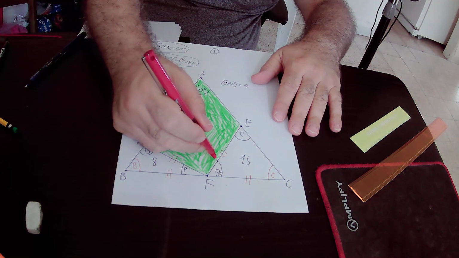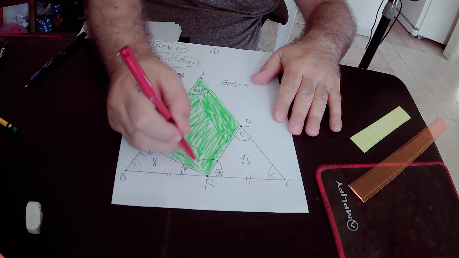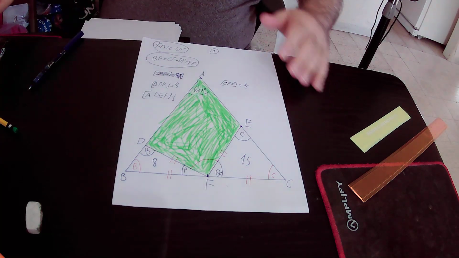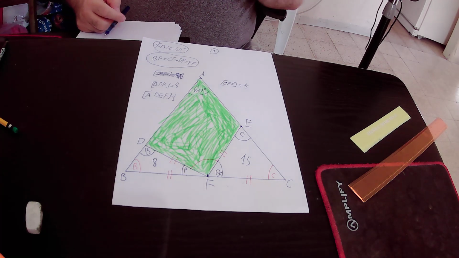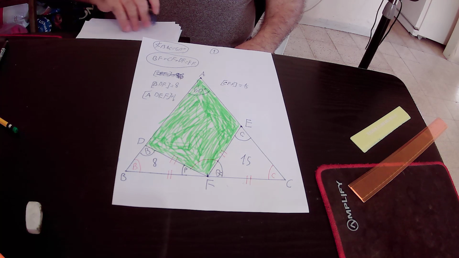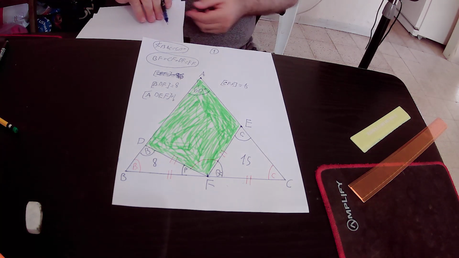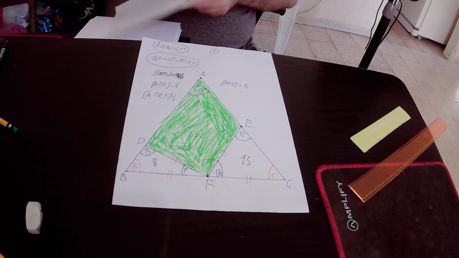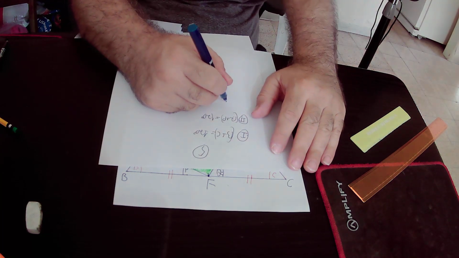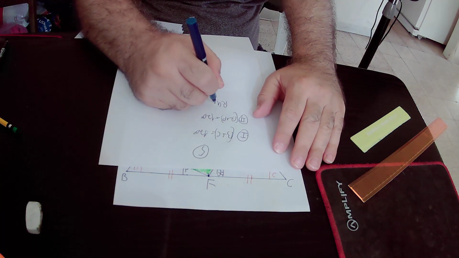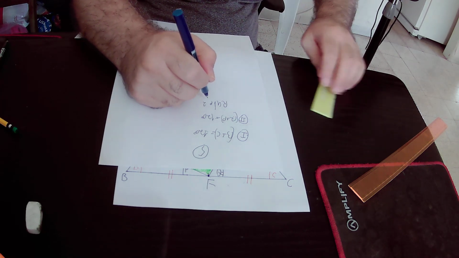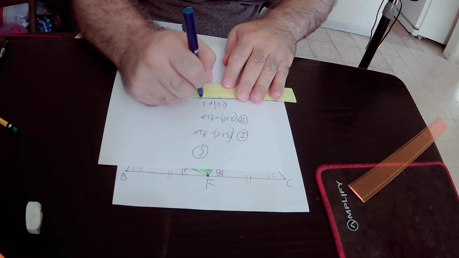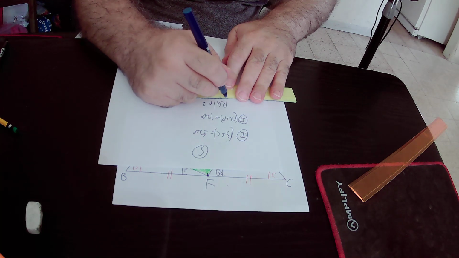We will find out the size of this angle EFD according to rule number 2, that states that the sum of the angles on a straight line is equal to 180 degrees.